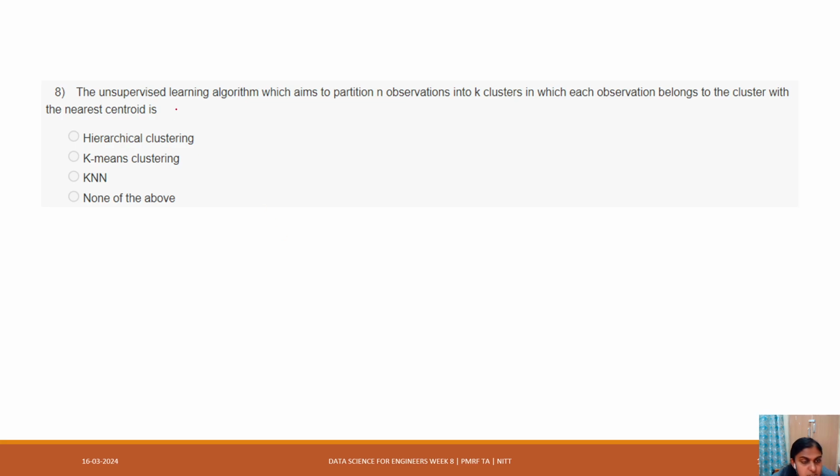The next one is: an unsupervised learning algorithm which aims to partition n observations into k clusters, in which each observation belongs to the cluster with the nearest centroid, is. You can give the answer.